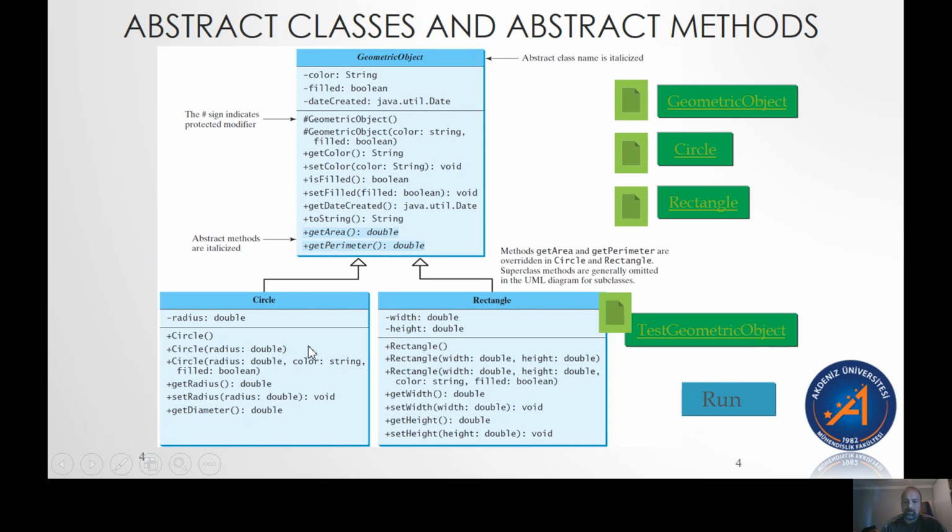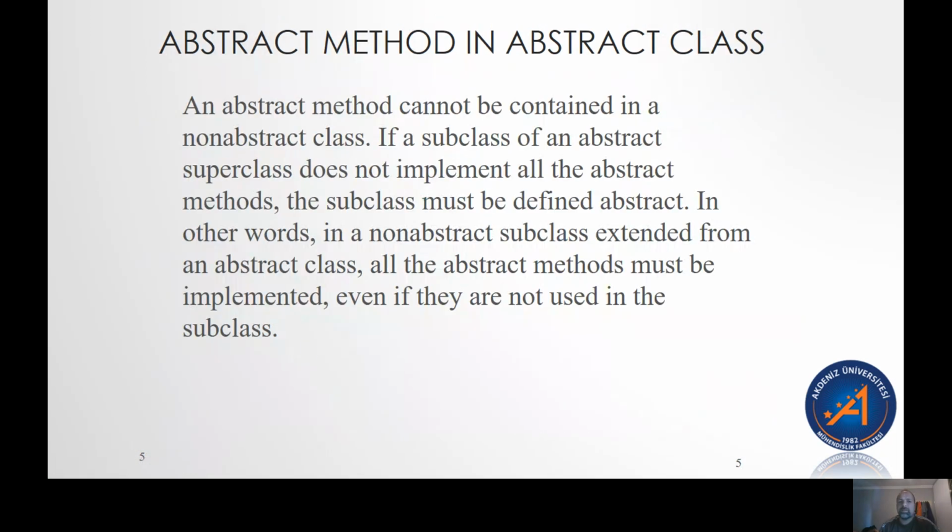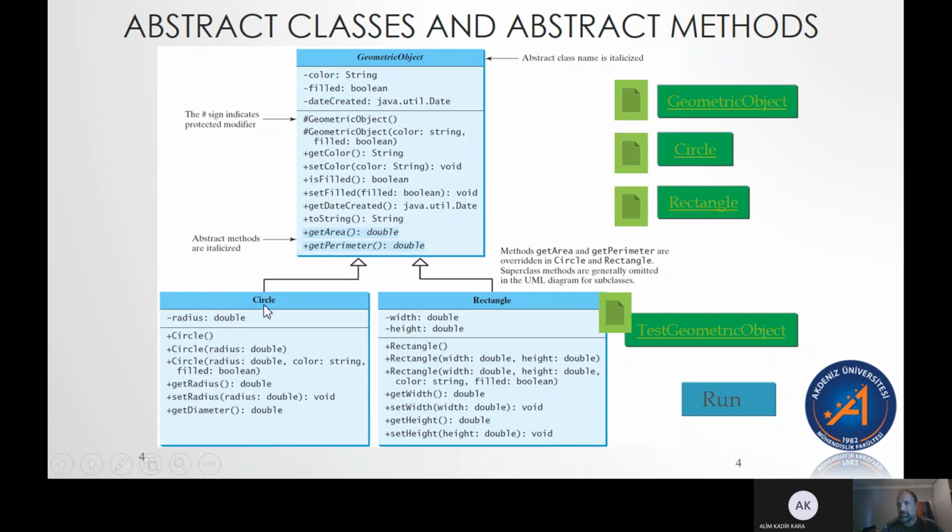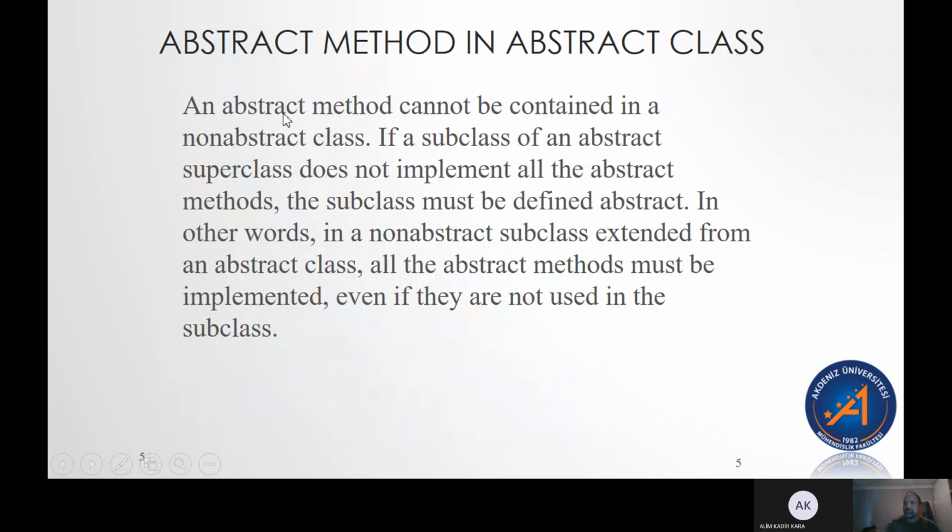Now an abstract method cannot be inside of a non-abstract, or what we'll call a concrete, class. If a class is concrete, meaning it does not have italics, so you notice the abstract class name is italicized, same thing with the abstract methods, right? An abstract method cannot be in a concrete class.